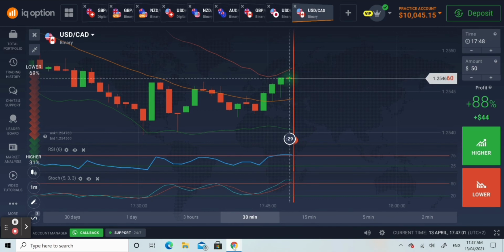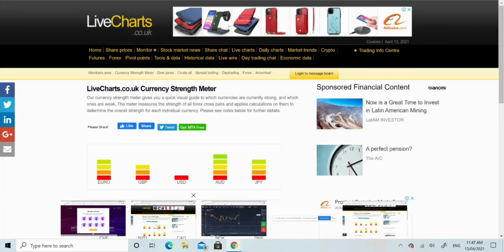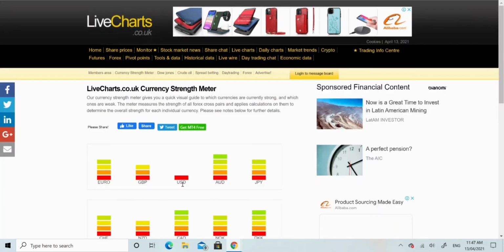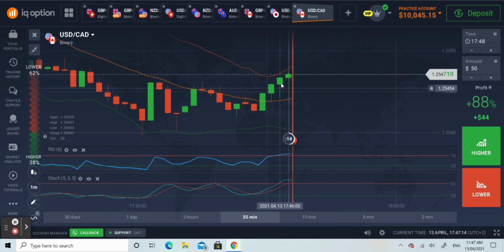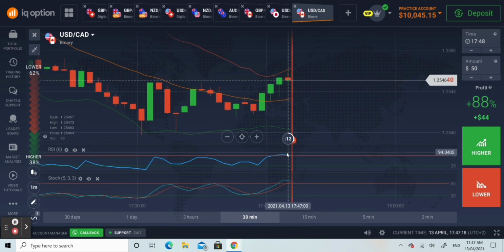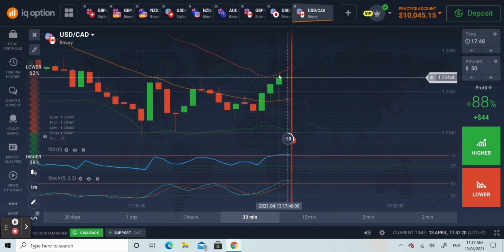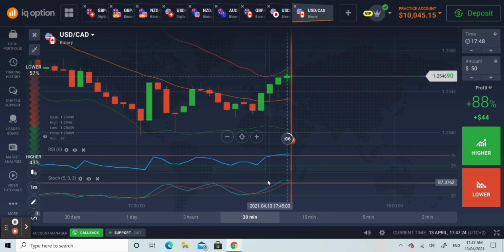What you're expecting the market to do based on the currency strength meter is to sell. The USD is weaker than the Canadian, so you're expecting it to sell. Also, you wait for it to touch the upper Bollinger Band, also to be overbought. And look, it happened, just as we said. So it's getting ready to sell.